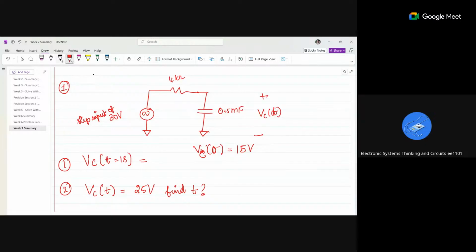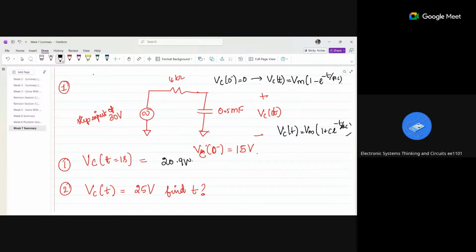All the formula which we have used, we took VC of 0 minus is equal to 0. Then only you can use VC of t is equal to Vm times 1 minus e power minus t by RC. Yes, 20.9. Once VC of 0 minus is some value, VC of t will be equal to Vm plus c e power minus t by RC.